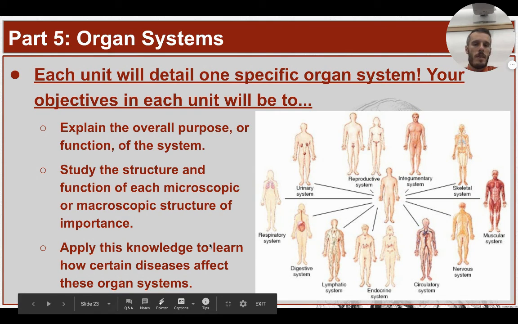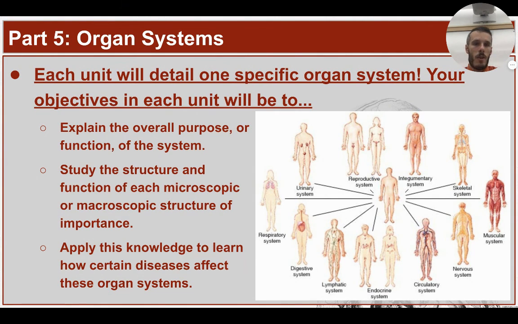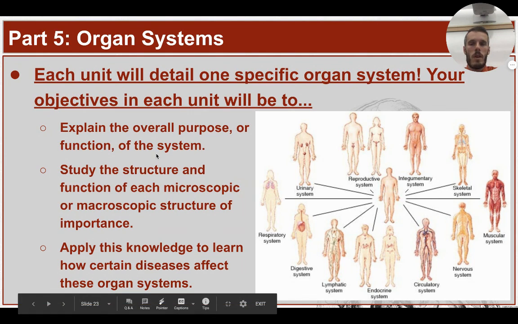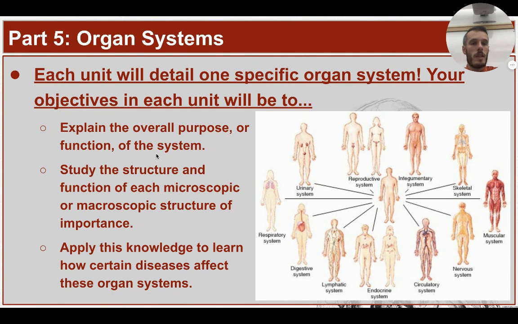All right, so this is the very end of our organ systems. So just, like I said, a very quick overview of each of them. But within each chapter this year, we are going to study the purpose, the function of each system. And before we can do that, we have to know about each of the structures.